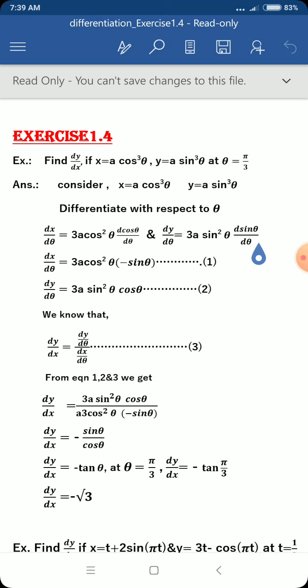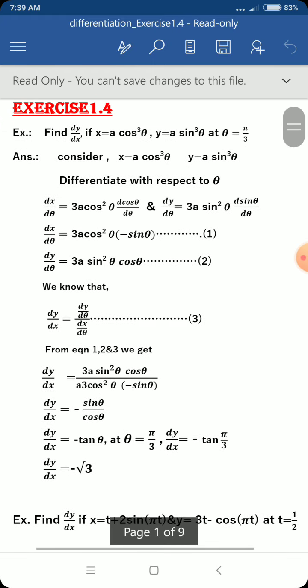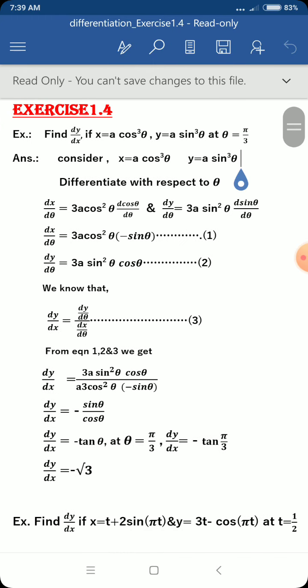Consider the given equations, that is x is equal to a cos cube theta and y is equal to a into sin cube theta. Now in both equations the RHS is in the form of theta, therefore we can take the derivative with respect to theta. Therefore differentiate with respect to theta.